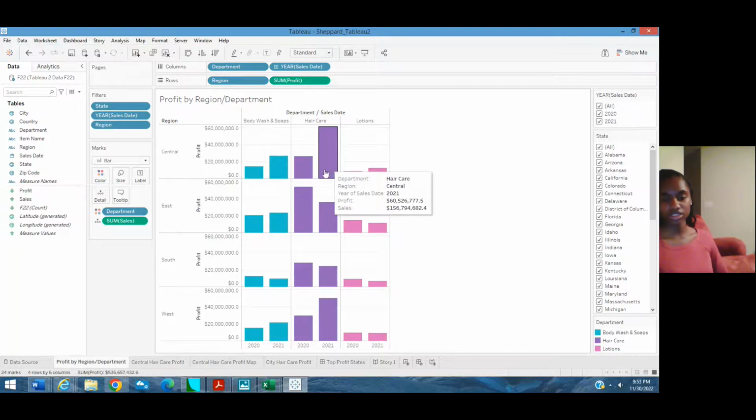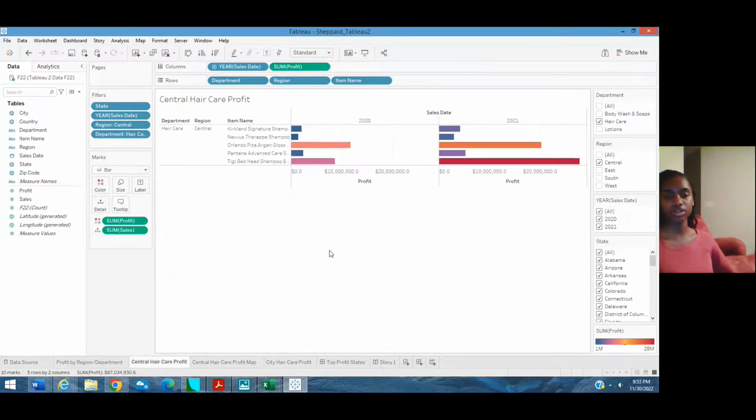In my next worksheet, which is the central hair care profit, I do this by getting a closer look at the high profits within the central location. So I look at the department, the region, and the item name.